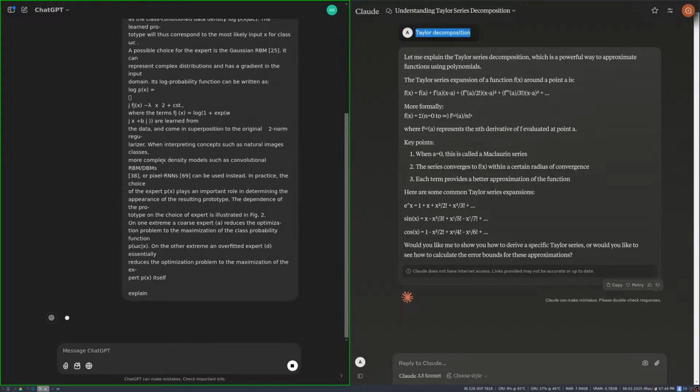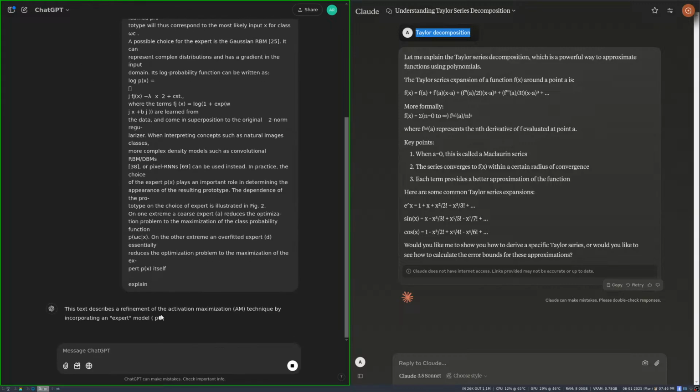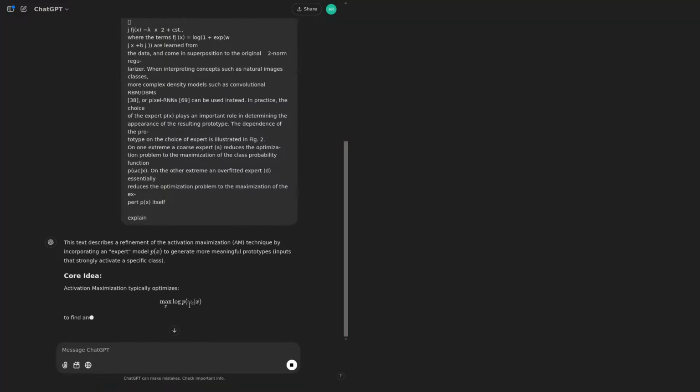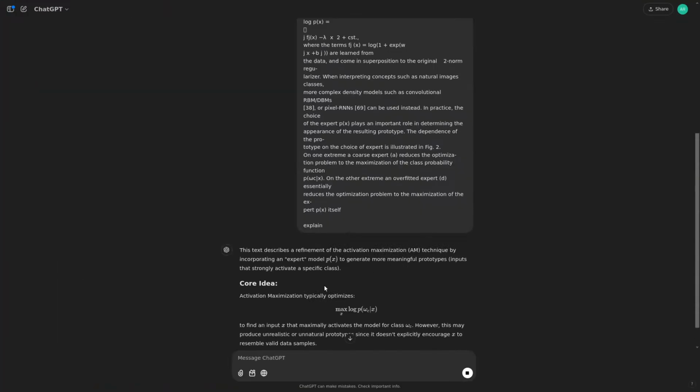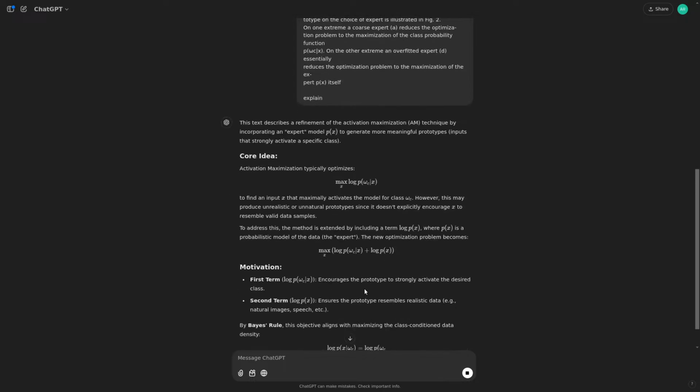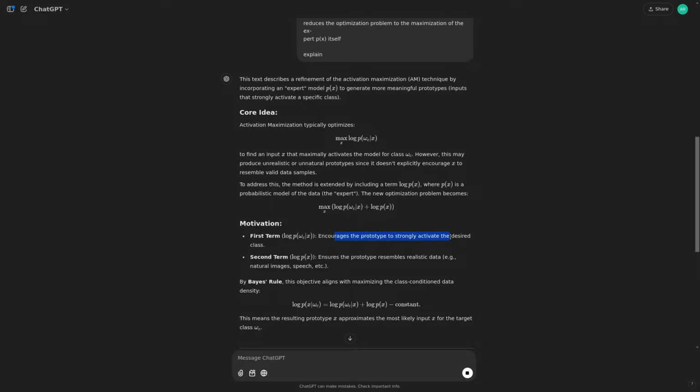Explain. Refinement of the activation maximization technique by incorporating an expert model p(x) to generate more meaningful prototypes. Activation maximization optimizes this function. Oh, we are activating one class.